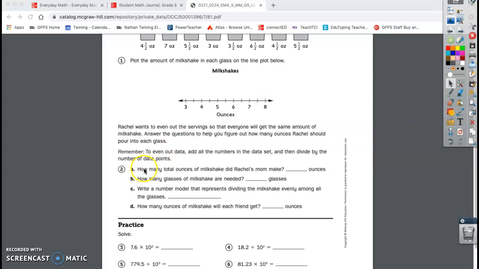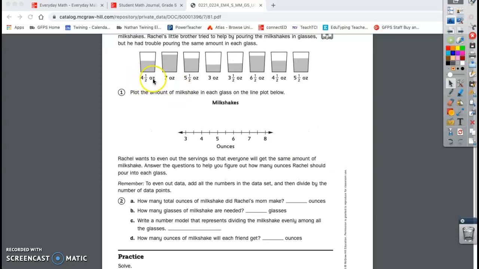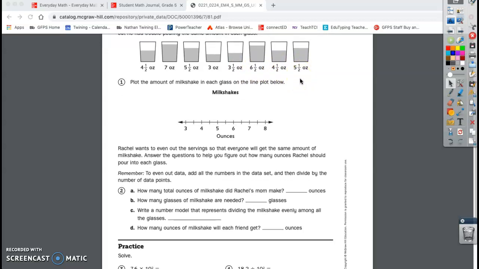Okay, so again, you're going to have to find how many total ounces of milkshake Rachel's mom made. So you're going to have to take all of these numbers and add them. So you're going to add 4.5 plus 7 plus 5.5 plus 3 plus 3.5 plus 6.5 plus 4.5 plus 5.5. Okay, then you're going to divide that by the number of data points.